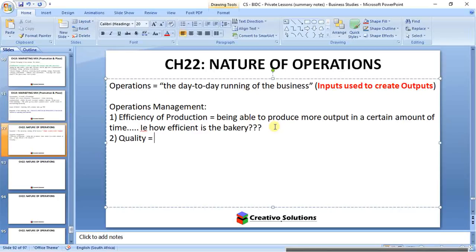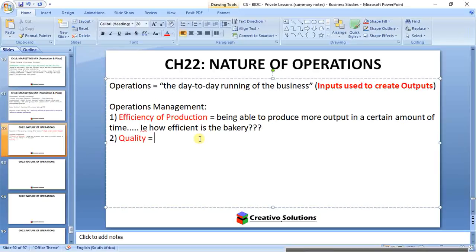Quality is how well do they work. Quality is, well, the cake that we made. So see again, inputs and outputs. Always keep it simple. Think about inputs and outputs. So if I'm baking a cake, does the cake taste delicious, or does the cake taste horrible? That's quality. Okay, you don't want to spend an hour baking a cake that no one wants to eat. That's bad.